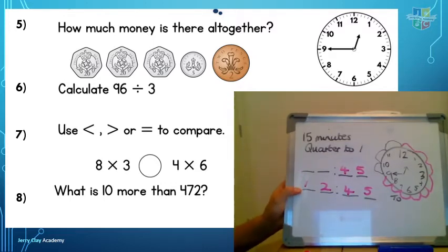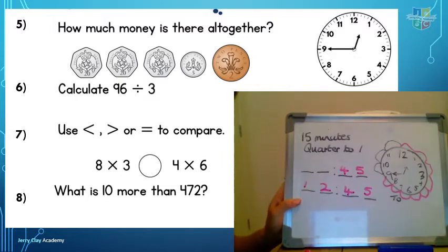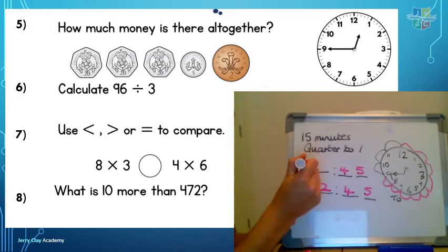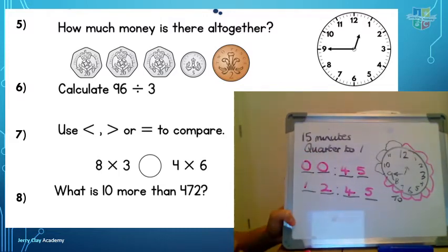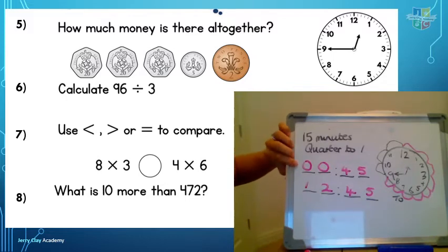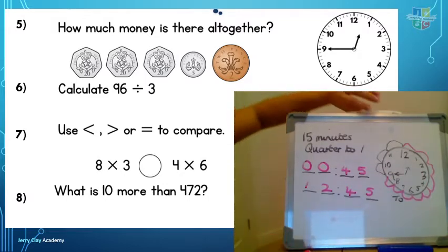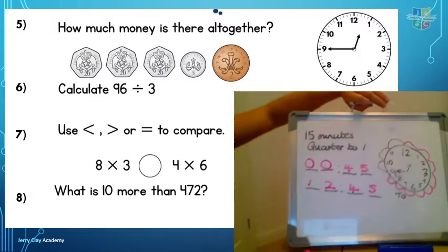So if I added 12 to 12, I would get 24, but I wouldn't write 24 because I know there are 24 hours in a day. So it would go back to 00, because that is the start of the day. So obviously that's in the morning, quarter to 1, or 00:45, and that's in the afternoon. That was a real challenging one, that one. So well done if you got that one correct.